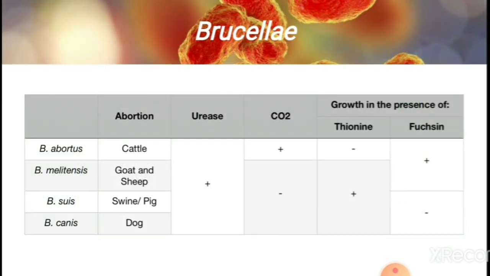So this is the table for the differentiation of the various species of our Brucellae. Brucella melitensis is the only species by DNA studies, and it has a high concentration of M antigen. Brucella melitensis is known to cause Malta fever, or brucellosis, or undulant fever.